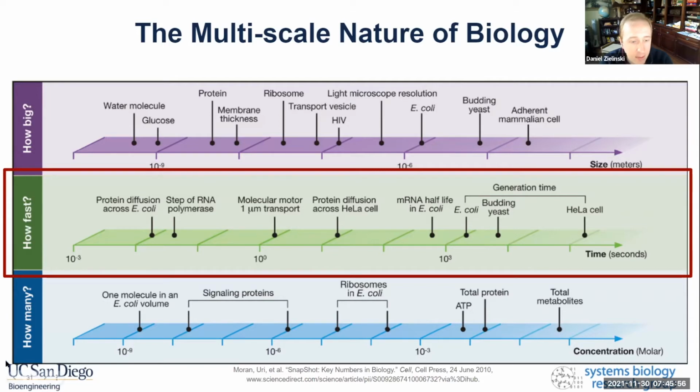And I'd say that size matters less for kinetic models, other than when we're analyzing some of our assumptions around diffusion and things like that. But the how fast and how many are really what matters.